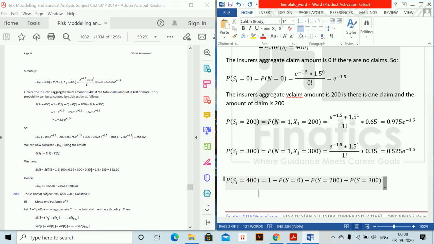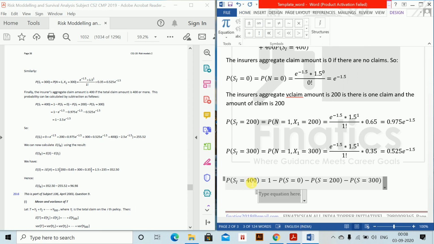Okay, so this is equal to 1 minus 2.5 e to the power minus 1.5.